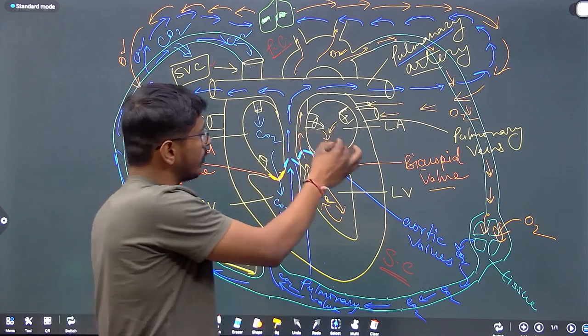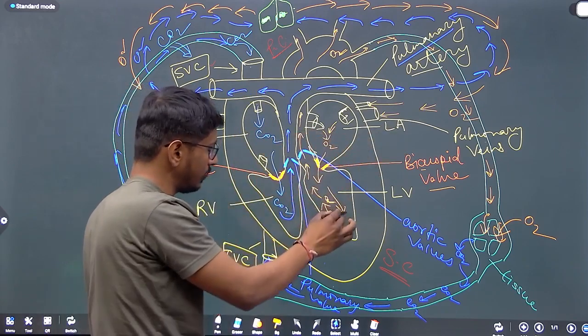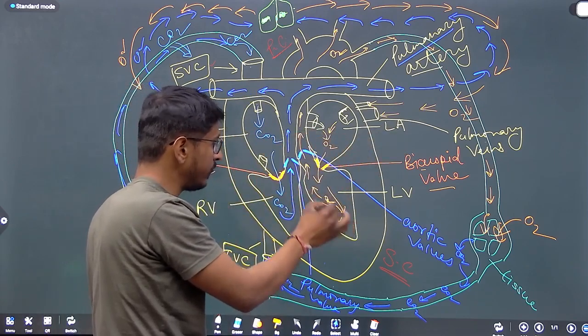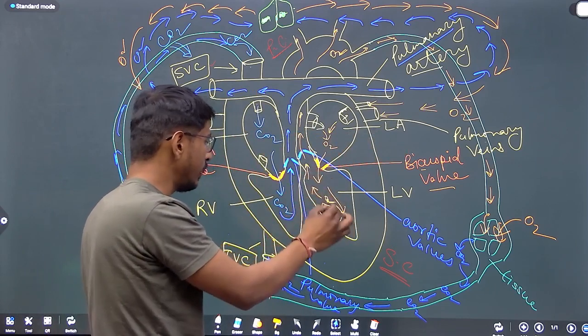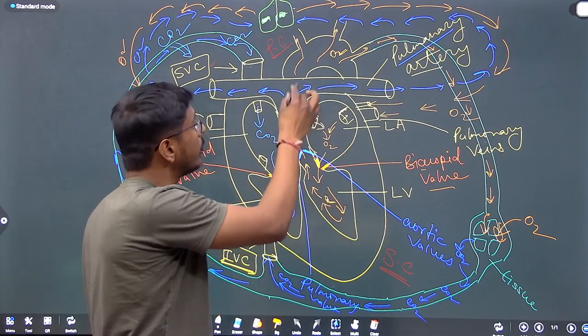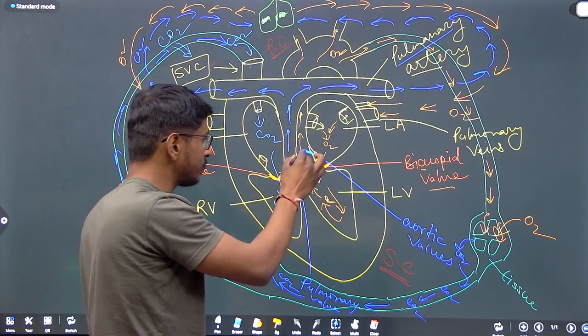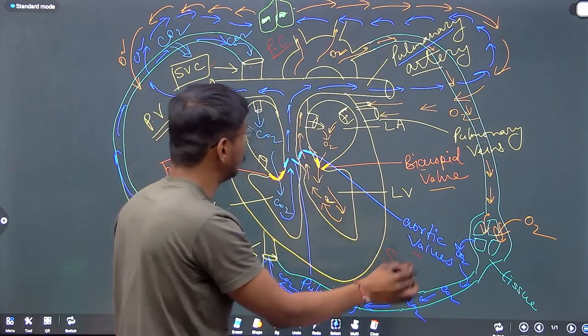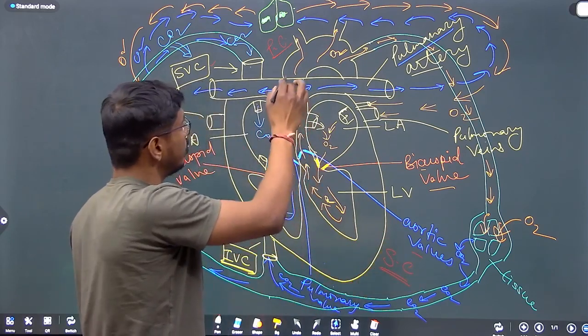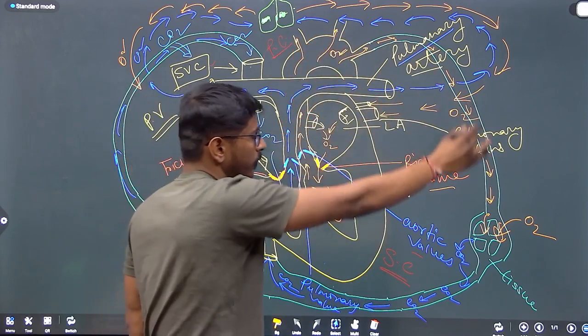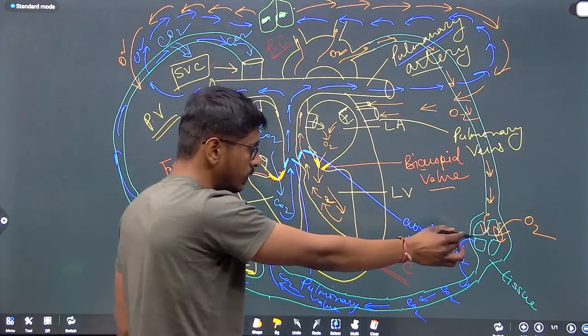After that it reaches the left atrium, then it reaches the left ventricle via these bicuspid valves, and from here it goes into the artery via these aortic valves, and further it goes into the system where it reaches the tissues.